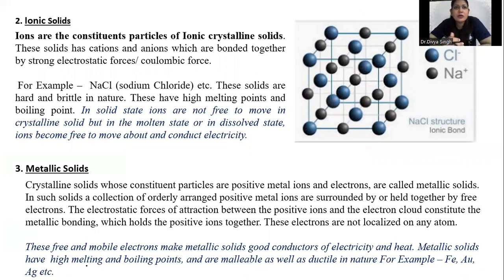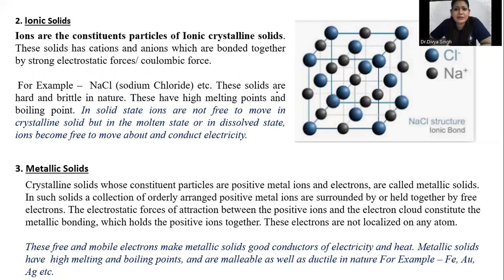So when the constituent particles of any solid are ions, then they are called ionic solids. It means there are cations and anions present in the entire solid, which are held together to form a solid structure. And these cations and anions are attracted to each other by a strong electrostatic force of attraction. As we can see over here, NaCl.